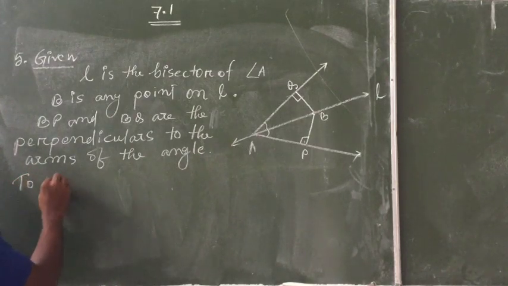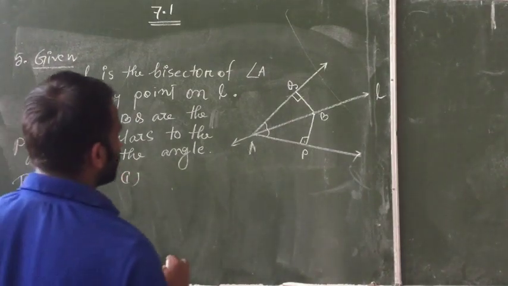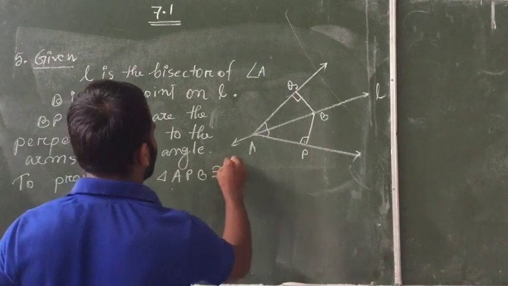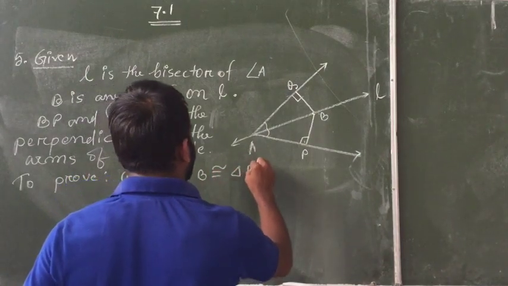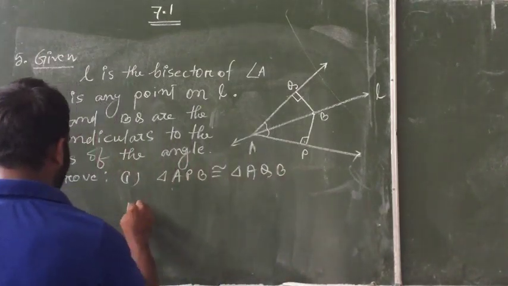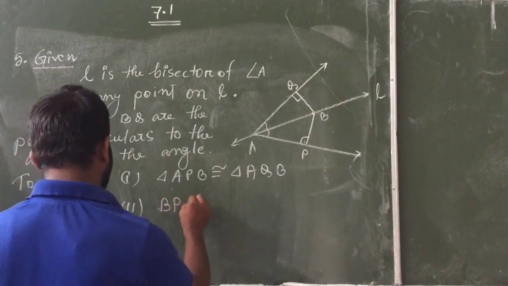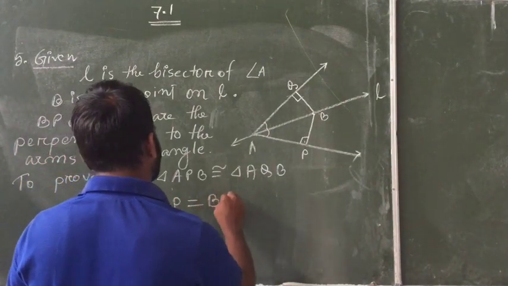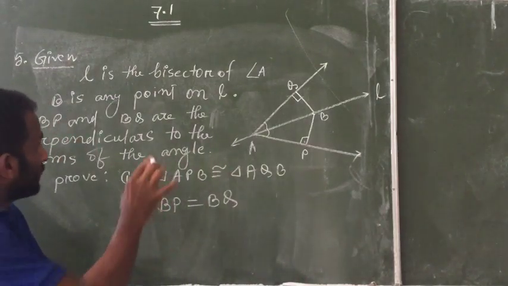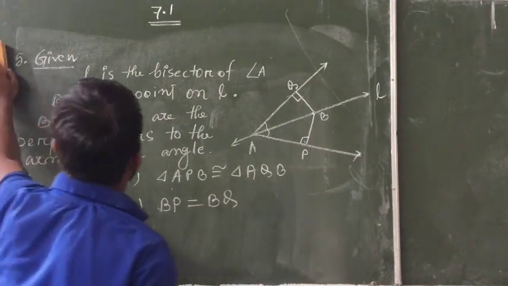To prove, two things are there. One, triangle APB is congruent to triangle AQB. Another is two, BP is equal to BQ. These two we need to prove. So you pause the video and write this down, and next step, see.